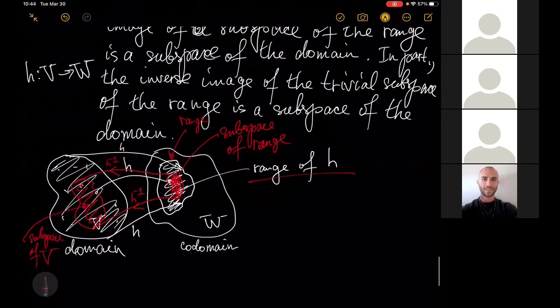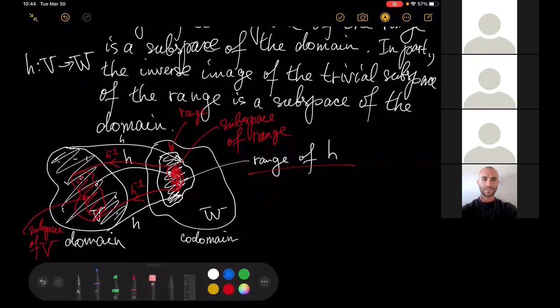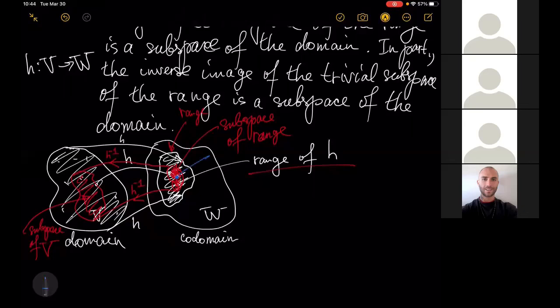For example, if I consider just the zero vector in W, we know that all subspaces contain a zero vector, right? Then all possible elements which are mapped to the zero vector in W will also form a subspace.